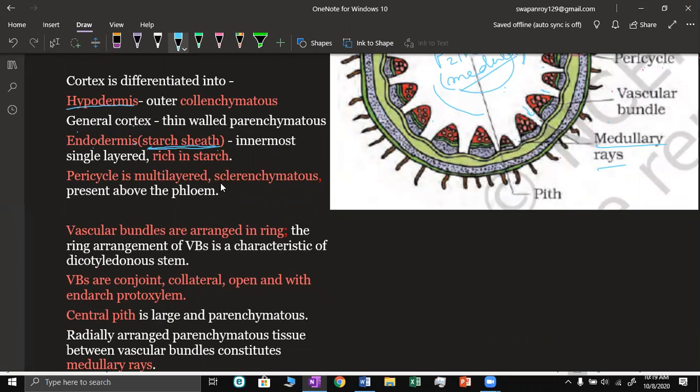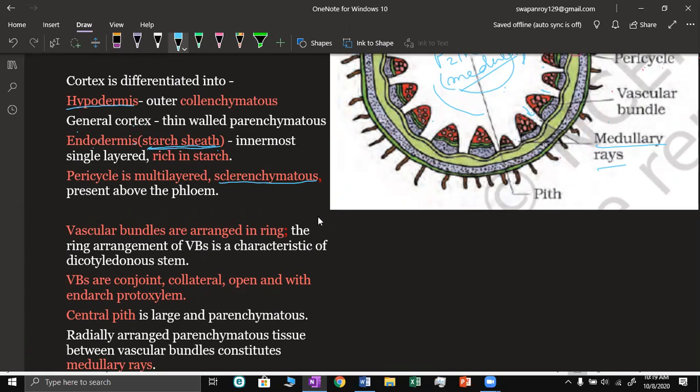Pericycle is multi-layered and sclerenchymatous. In the root, we have seen that pericycle is a single layer. Here in the stem, it may be multi-layered, and also it may be heterogeneous or homogeneous. When it is made of more than one type of tissue, it is heterogeneous.